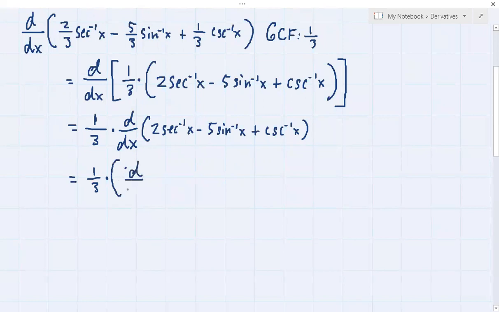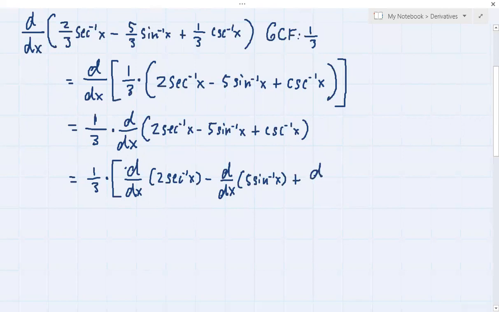We have 1/3 times the quantity: the derivative of 2 times arcsecant minus the derivative of 5 times arcsine plus the derivative of arccosecant. We can now differentiate them one by one.